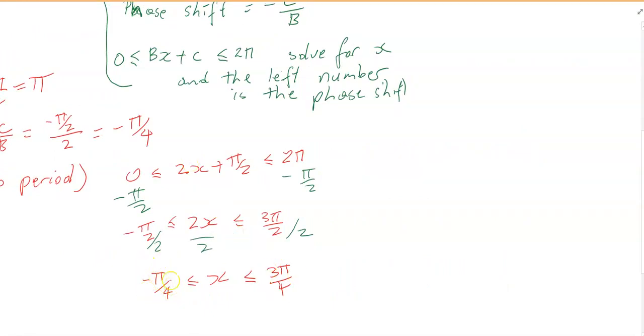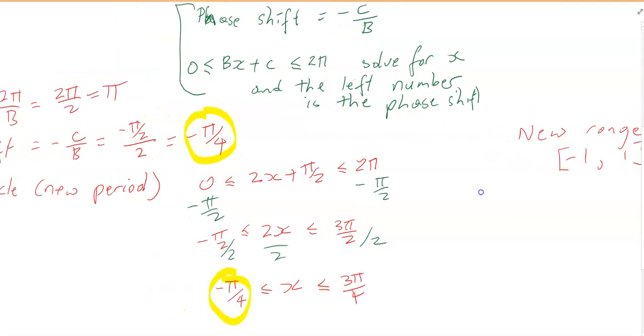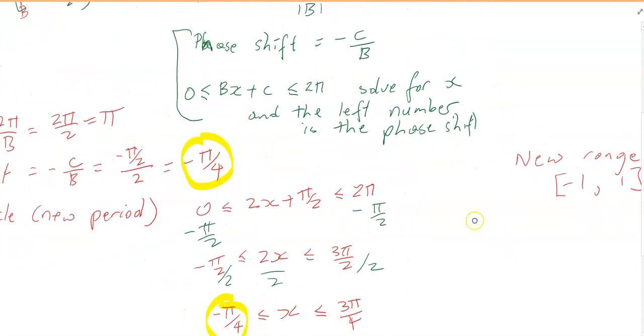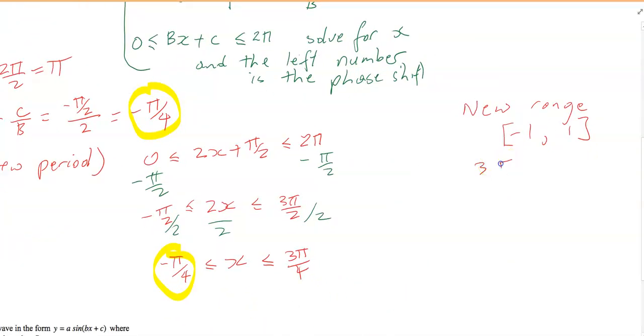Notice this negative pi over 4 is the same as the negative pi over 4 we found earlier. So that's your phase shift. Now, in terms of our new range, our original range was from negative 1 to 1. We are multiplying that range by 3, so it becomes negative 3 to positive 3.